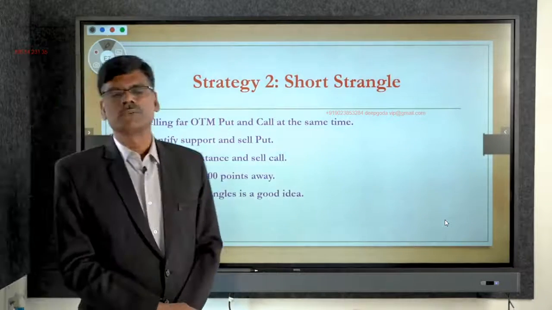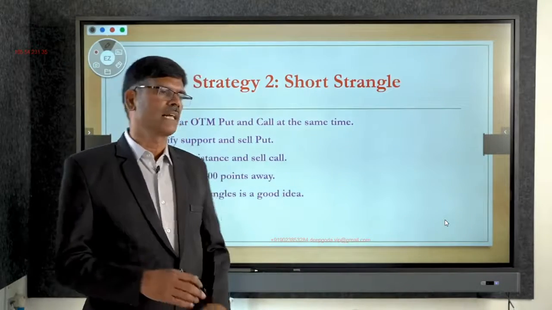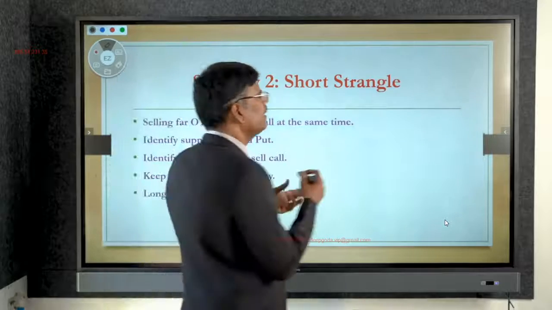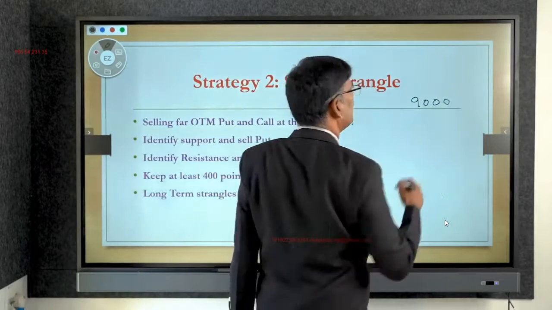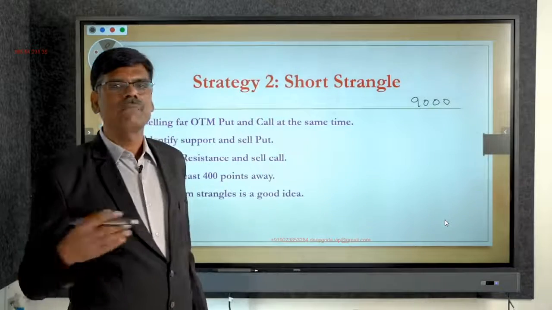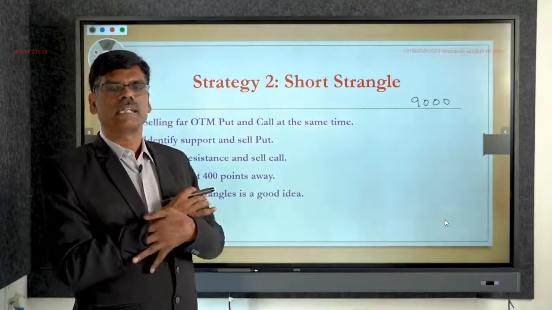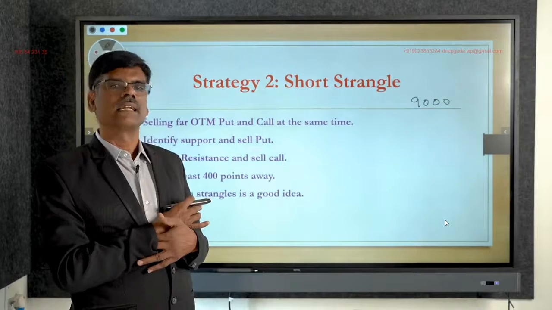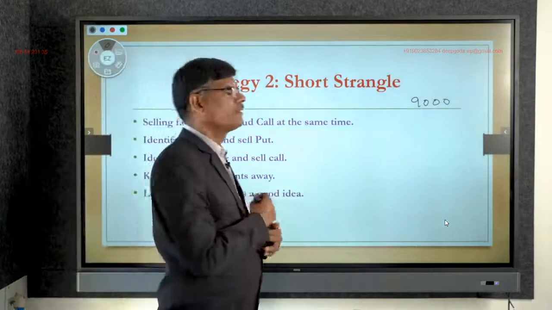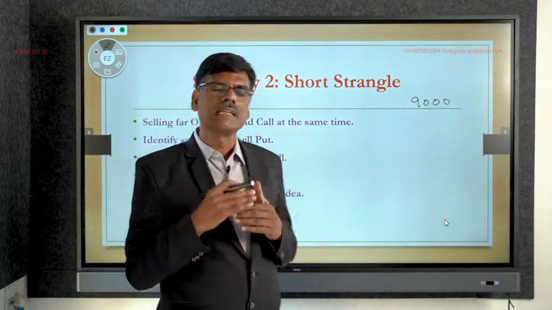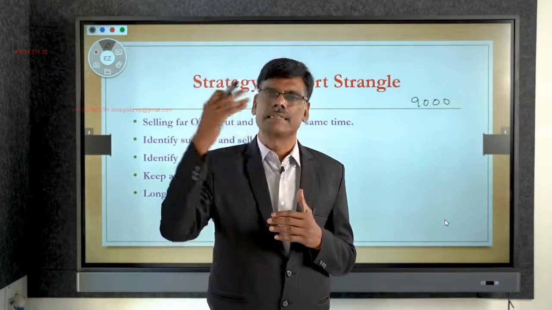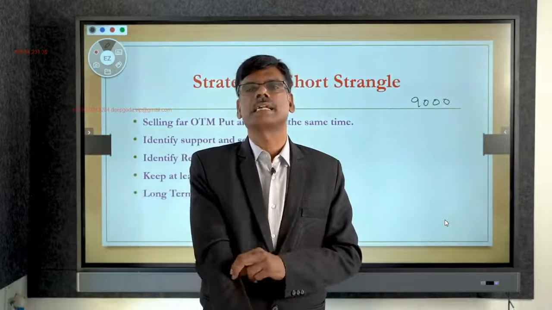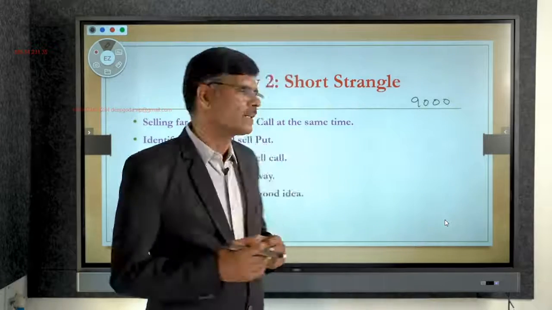For those who are not very sure what is short strangle, let us say market is trading around 9,000, then maybe 500 point up and 500 point down, you are selling a call option and put option, that is called short strangle. So short straddle is selling the call and put at the same strike, but short strangle is selling the call on the higher side, selling the put at the lower side.